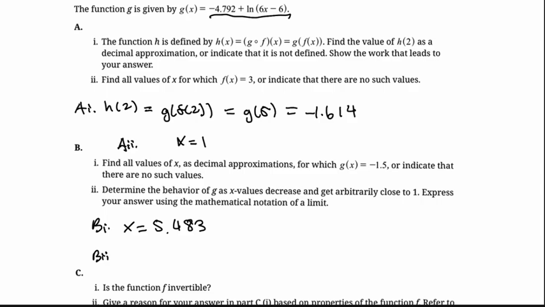And then for B2, we have to find the behavior of g as x values decrease and get close to 1. So we have to express the answer in the mathematical notation of a limit. So limit as x approaches 1 from the right, because it decreases to 1, g of x equals. So now we have to use Desmos.